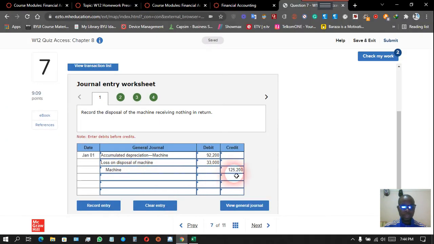And then we credit the machinery, which is the cost of the machine. And therefore, the accumulated depreciation and the loss on disposal of the machine add up to be equivalent to the credit value of the machinery. So that is situation number 1.